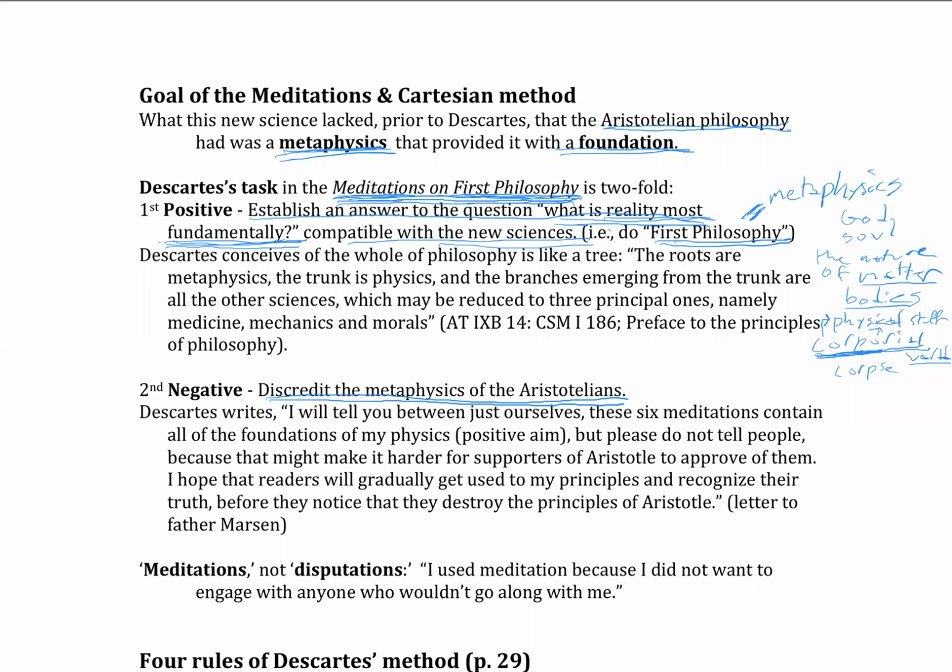So Descartes is writing the Meditations primarily for these Aristotelian philosophers, these philosophers who call metaphysics first philosophy. These scholastic philosophers like Aquinas. You can think of Aquinas as Aristotle plus Jesus. Aquinas takes this body of Aristotelian science and asks how it could fit with Christianity, with divine revelation about Christ.